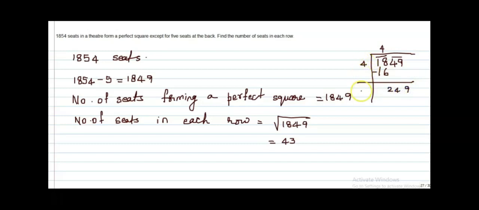So we need to add double this number, we get 8. Then 83 3s are 249. So square root of 1849 is 43. Therefore, the number of seats in each row is equal to 43. We move on to the next question.